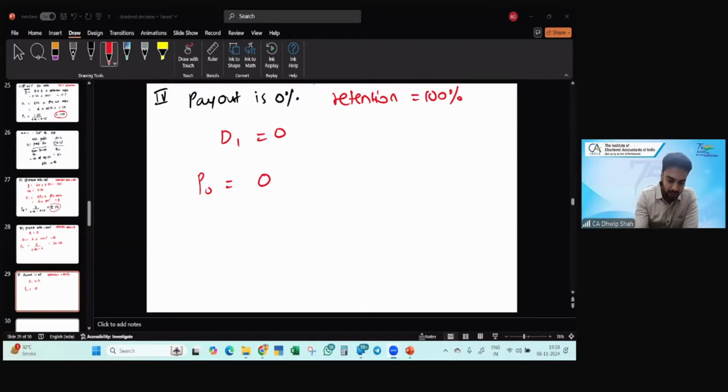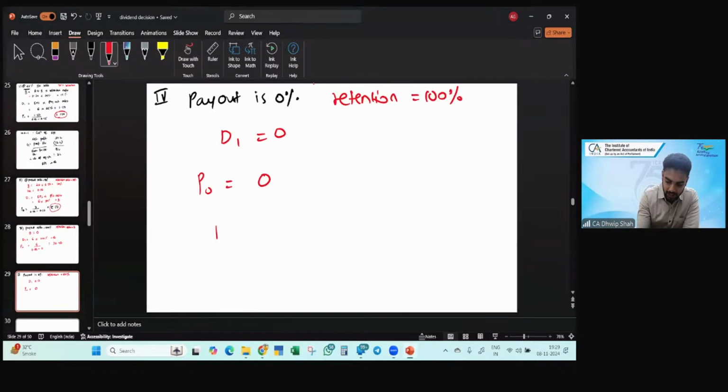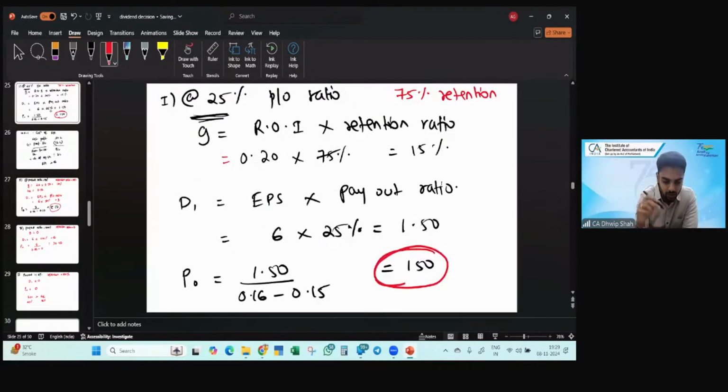Understood? So can you see, when ROI in our illustration was greater than KE? In our current illustration, ROI was 20% and KE was 16%. The maximum market price was when the payout ratio was lowest. Understood? This is the inference to be made.